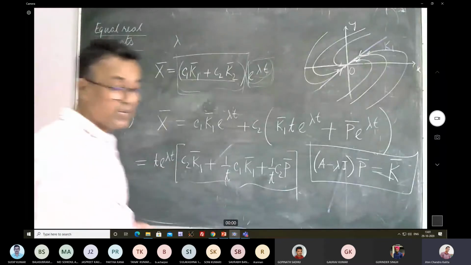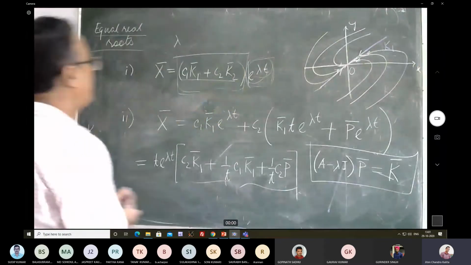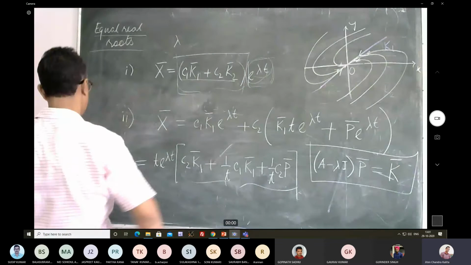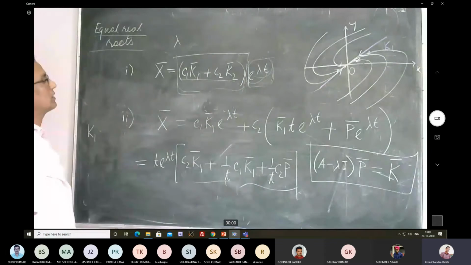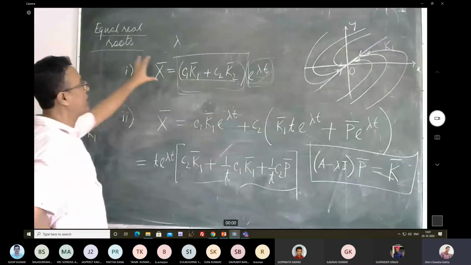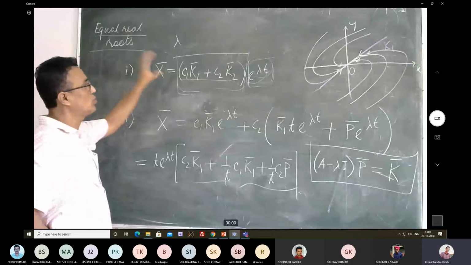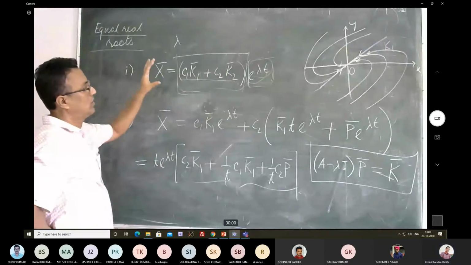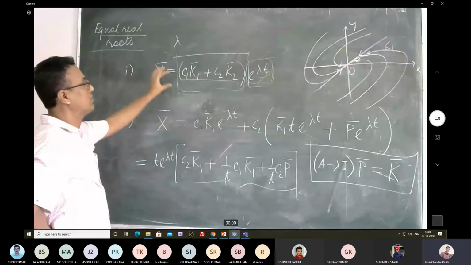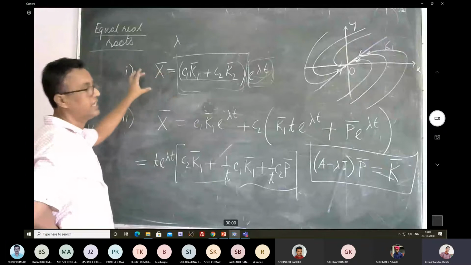So here when you have equal roots, again you are getting nodes only. But what happens when you have two distinct eigenvectors coming out of the same eigenvalue?